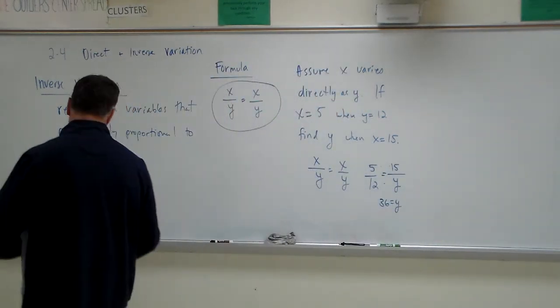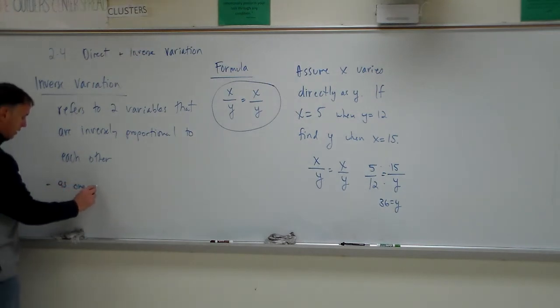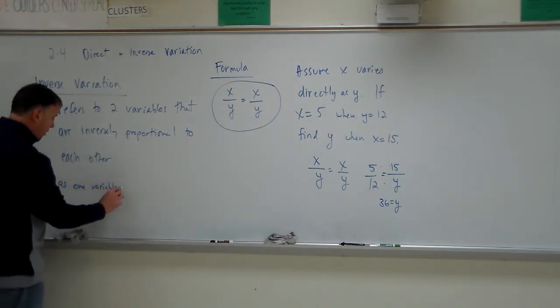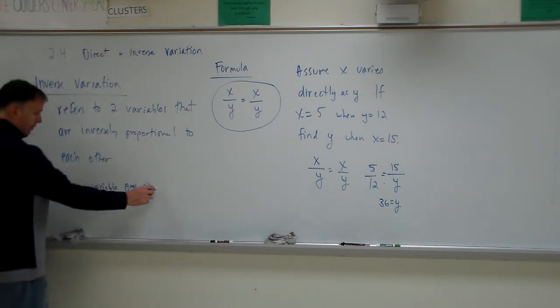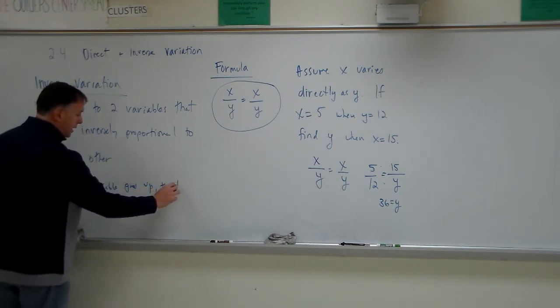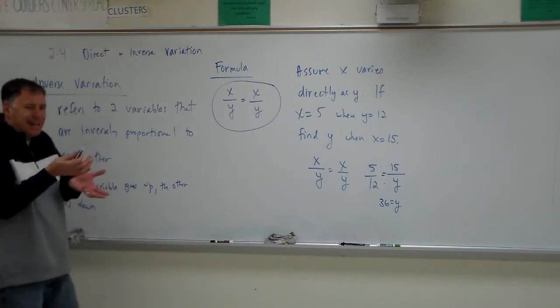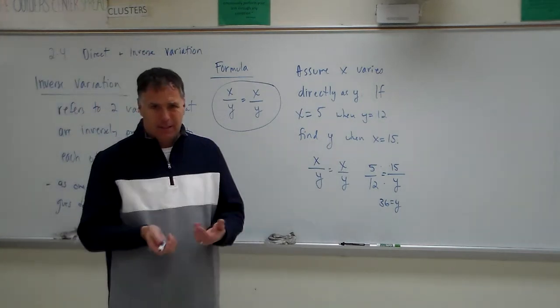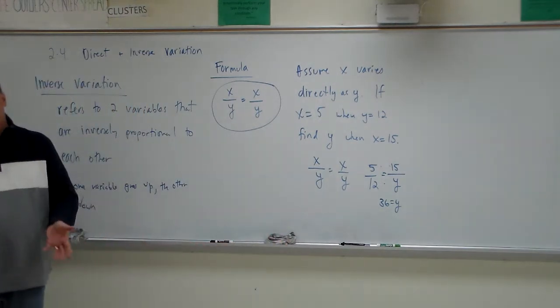But in inverse variation, as one variable goes up, the other goes down. That's what it means to be inverse. Inverse is kind of like opposite. As one goes up, the other goes down. As one goes down, the other goes up.